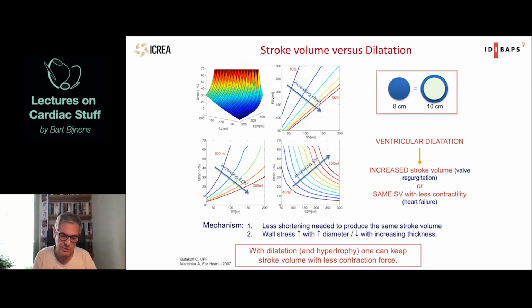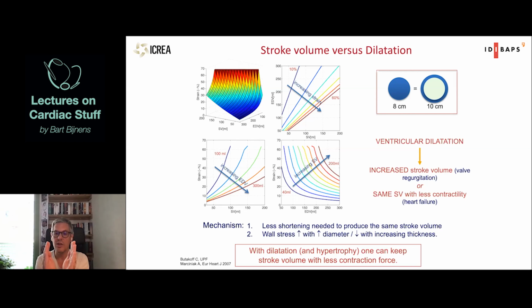Now, there's one thing which is really important to keep in mind, and that's the relation between the size of the ventricle, the deformation of the ventricle, and the stroke volume of the ventricle. If we have a certain ventricle and a certain amount of deformation, this deformation will move the endocardial wall inwards.